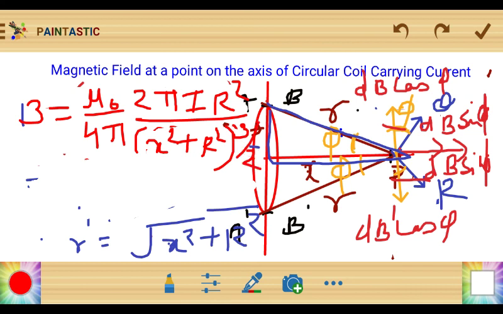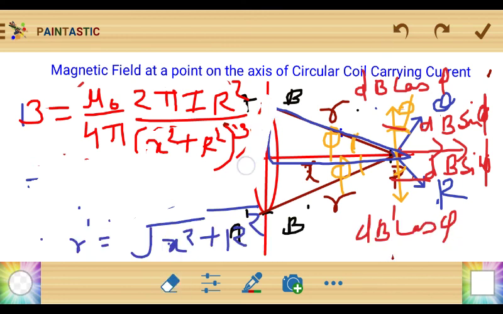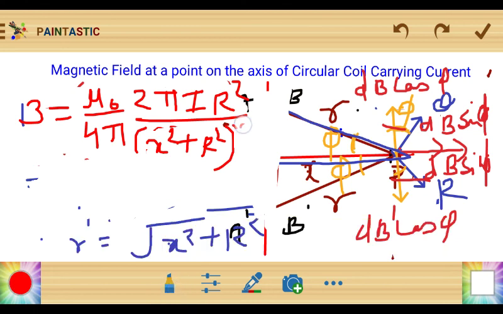Remember why it is 3 by 2? So the complete solution.